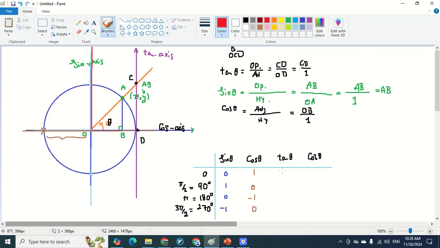So at 0 the tangent is 0, but at 90 degrees the value is undefined, because we have two parallel lines. And if I rotate that ray to 180 degrees, the continuation of this ray will meet the tangent line at point 0, at the origin.